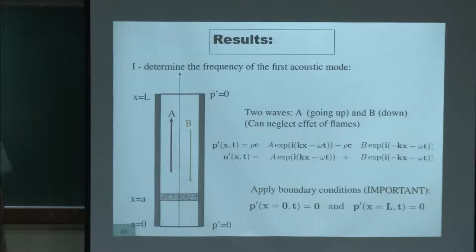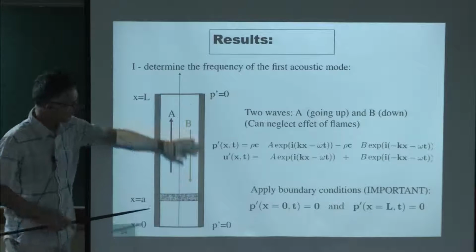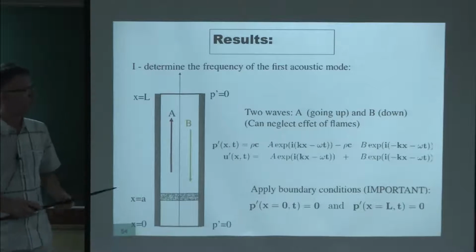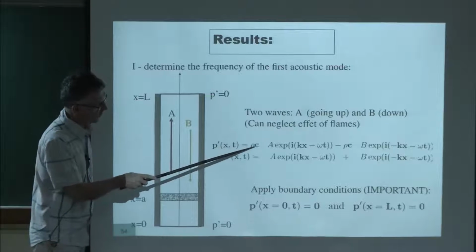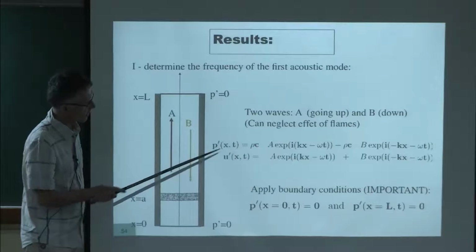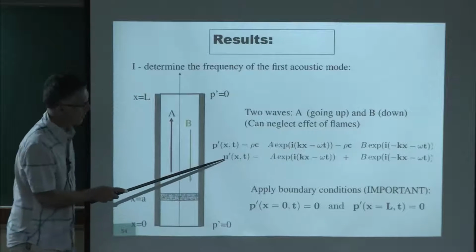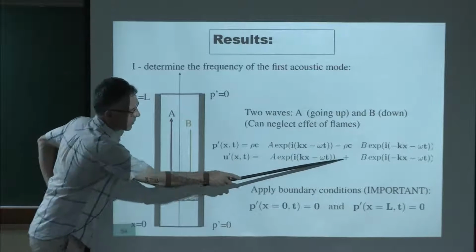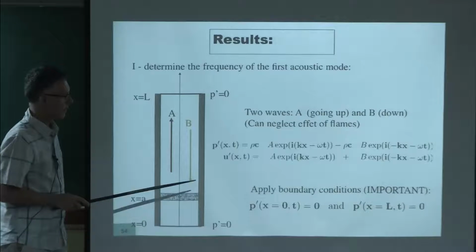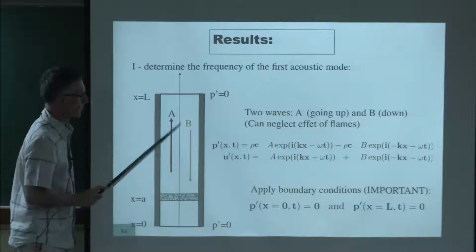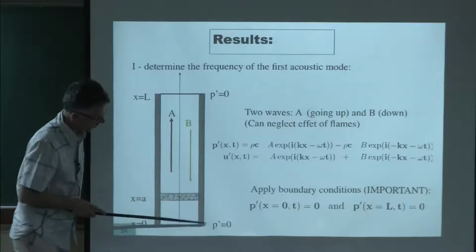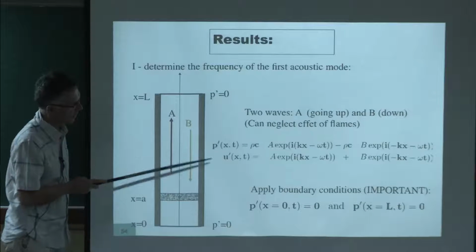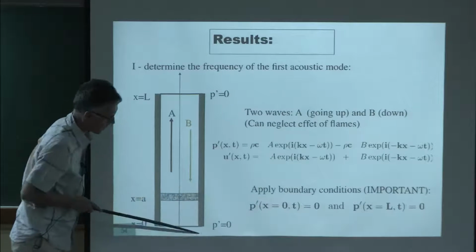So first problem is, suppose there is no resistance here. What is the acoustic eigenmode of this system? The way you do it, you start saying that P prime is the sum of two waves, A going up, B going down, so it's written like this, and U prime is this expression with a plus. Always the plus rho c for the wave going up, minus rho c for the wave going down. You apply the boundary conditions here at the top and at the bottom, and it gives you imposed pressure.